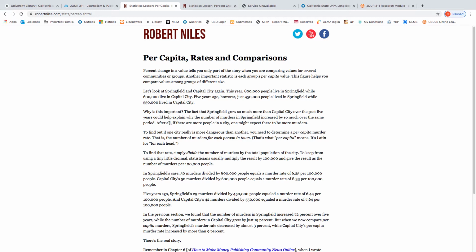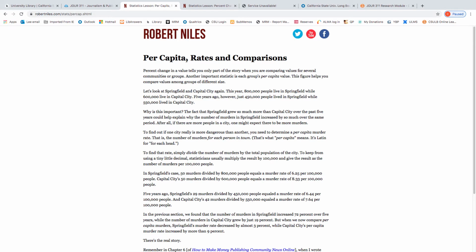So whenever you're comparing communities of two different sizes, you have to be able to look at the per capita rate. So how many murders per 100,000 people, or how many murders per million people? And that's very important to recognize.